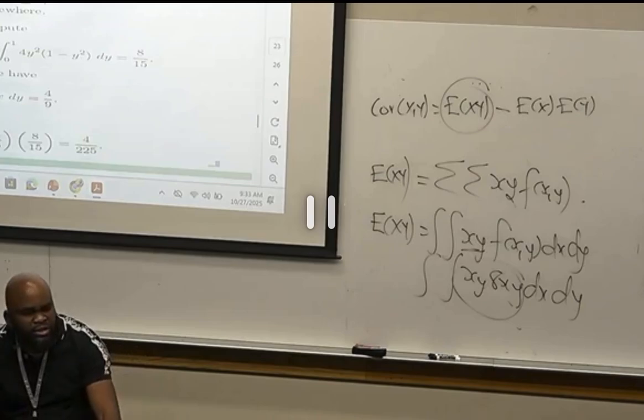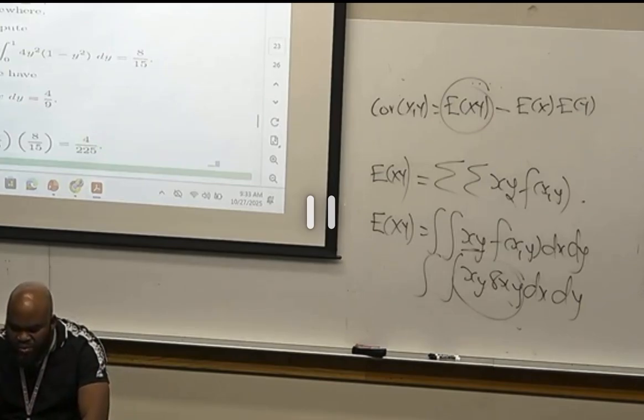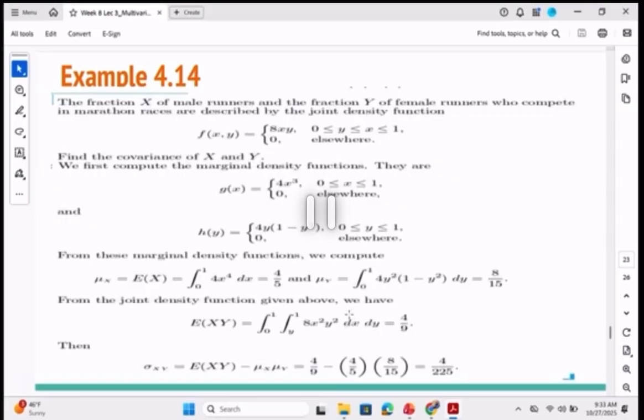Now, let's talk about the range. I needed to come to this. How do I determine the range in a situation where they said 0 less than y less than x less than 1? Okay, if you take a look at the first antiderivative you're going to do, you want to do that with respect to x. Now you need to come here. What is the range of x here? It is between y and 1. Look at that. That was why I put y and 1. What is the range of y?